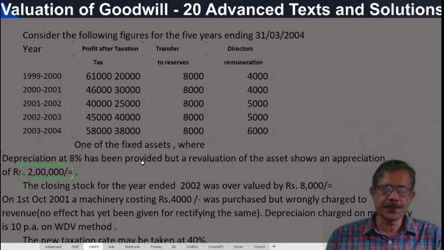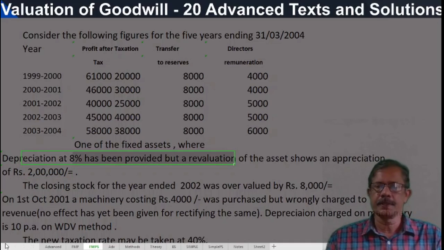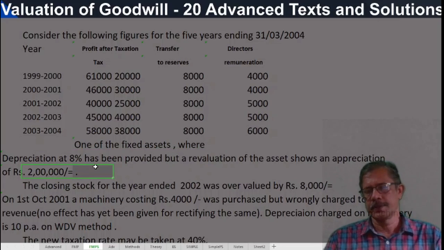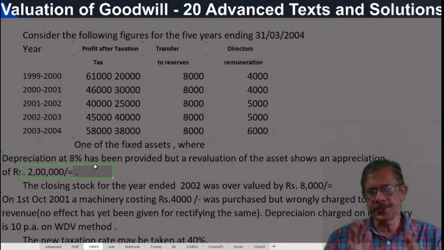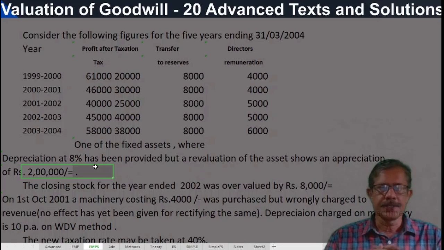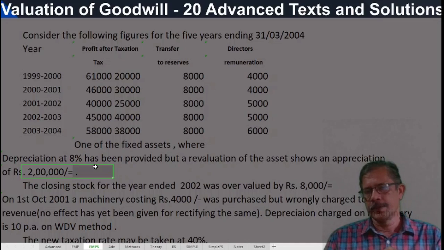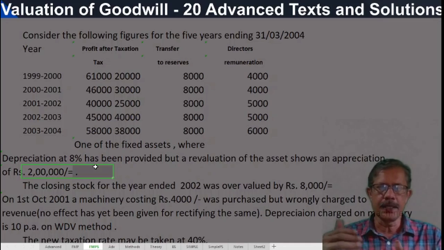So here 8% has been provided on this fixed asset and it is appreciated by 2 lakhs rupees. So in the future, annually 16,000 rupees depreciation will arise. And this depreciation is a charge against revenue. It is treated as an expense likely to arise in future.